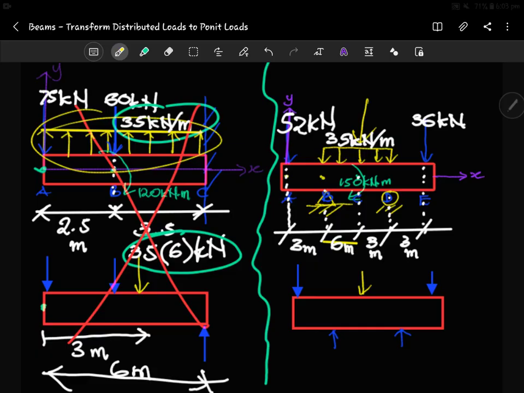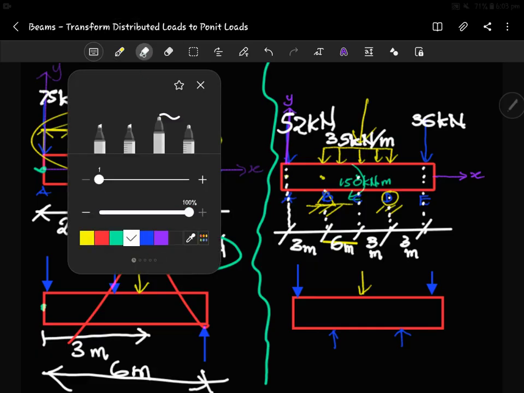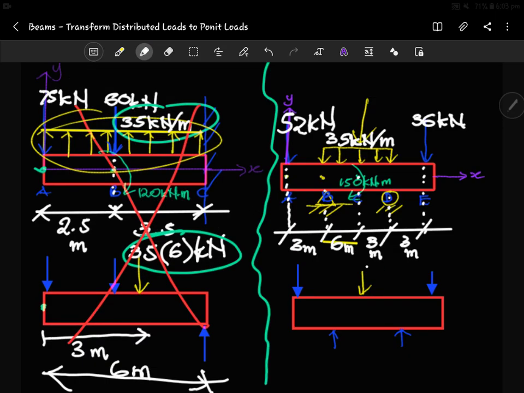So let's make this clear. 35, right, acting on what distance? Because it's saying 35 kilonewtons per meter, and it's acting from here to here, which is 9. So 9 kilonewton, right? So we turn it to a point load.